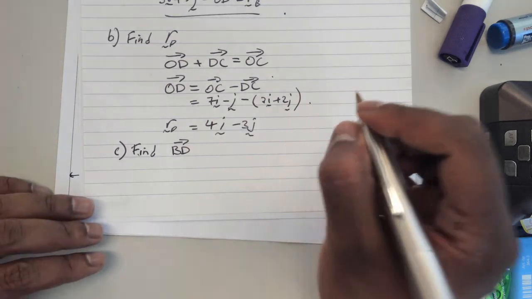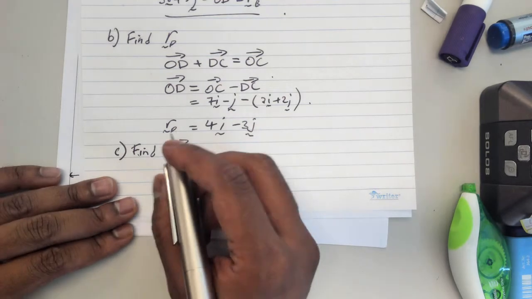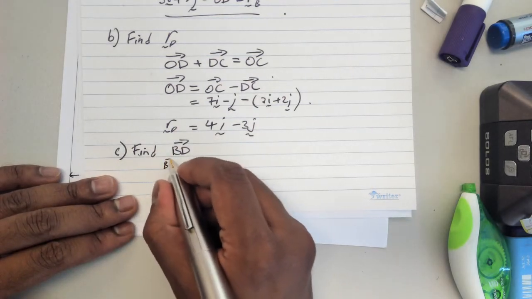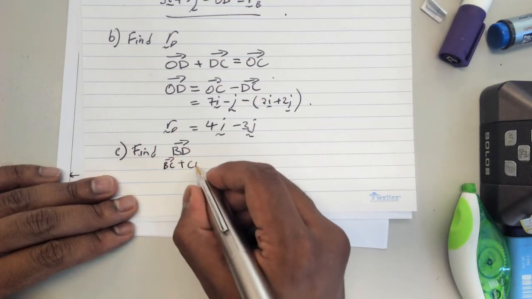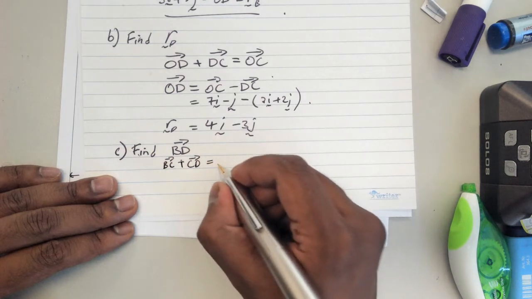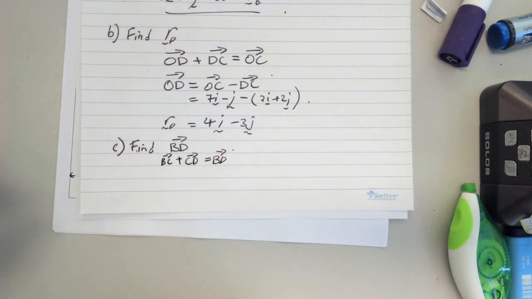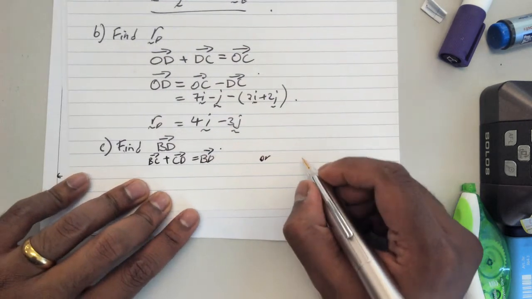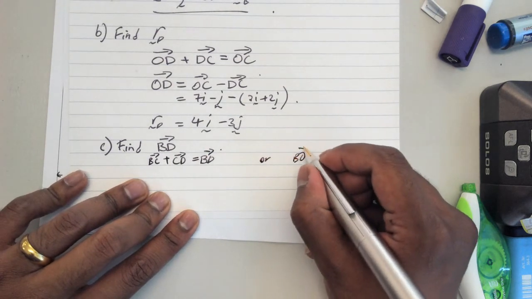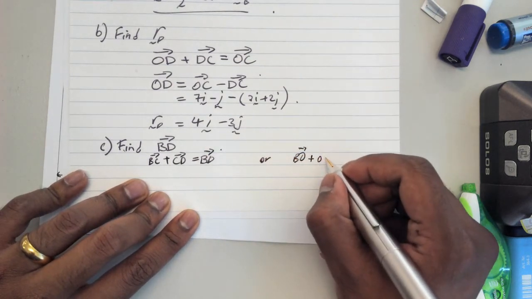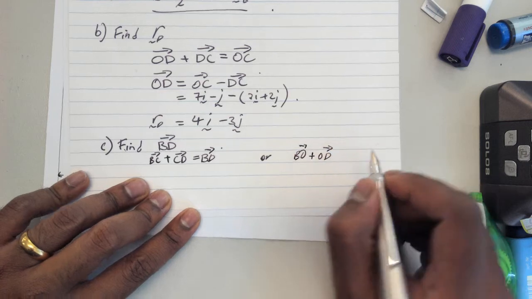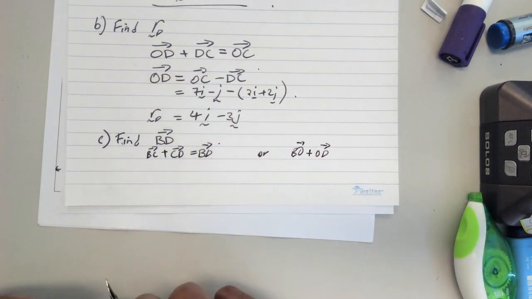Both ways work, and I'll show you both. B to C plus C to D equals BD. Or I can go B to O plus O to D, and that'll also give me BD.